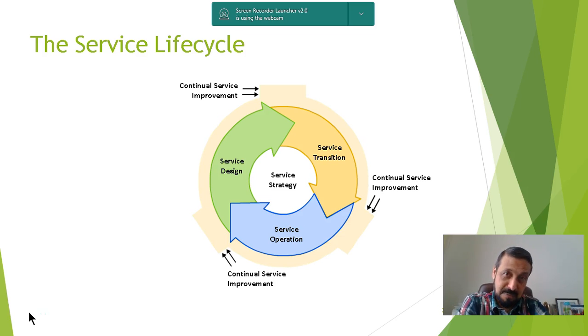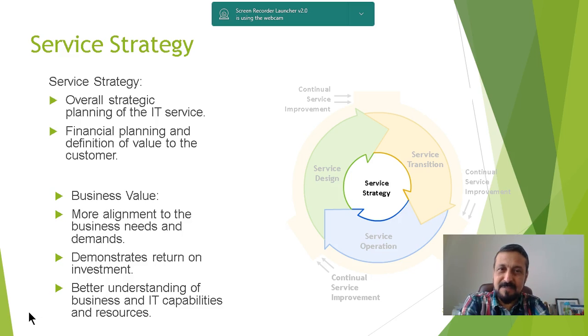It is a continuous process, as the name implies, so you're really looking to improve your service from the perspective of customer value and how we are delivering the services, and also from the perspective of process improvements throughout the life cycle. All right, let's jump into the first life cycle phase, which is called service strategy.